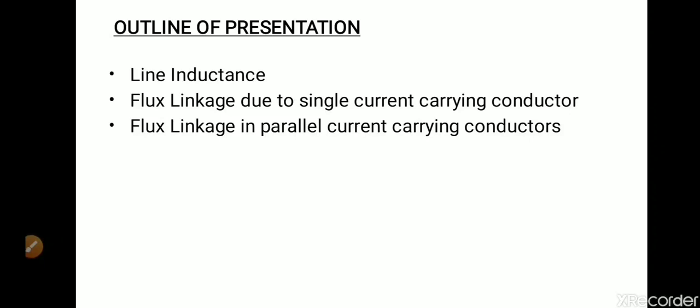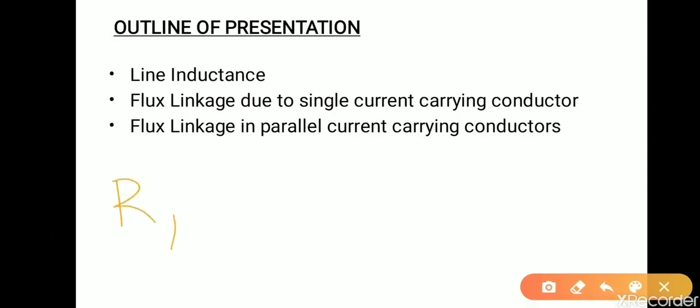Before we start this topic, we should know the main parameters of the transmission line. The main parameters are resistance denoted by R, inductance denoted by L, capacitance denoted by C, and G, that is the conductance of the transmission line.